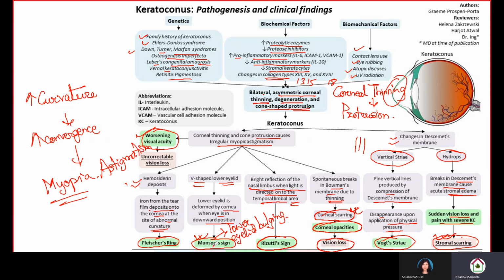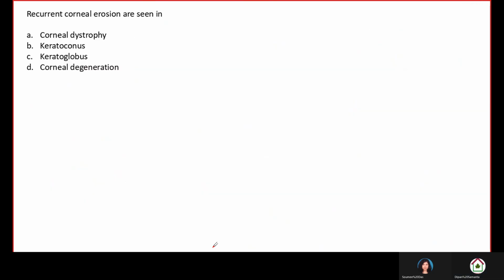So the signs, what are the rings? All main pathological mechanisms, all these signs and symptoms must be known. Okay, and keratoconus is a very important topic.